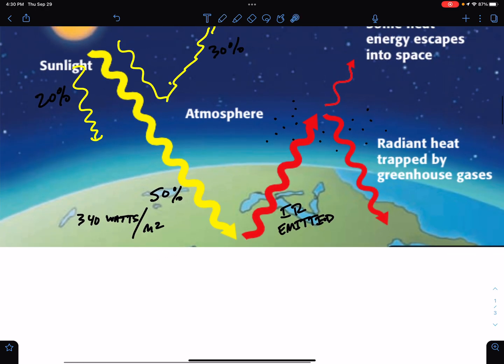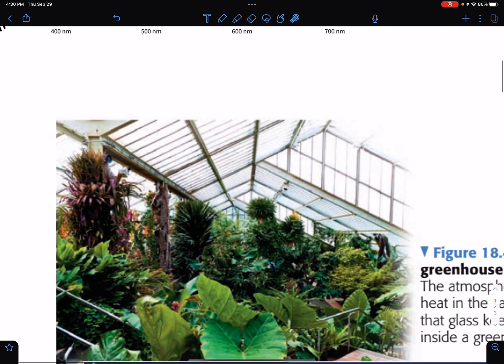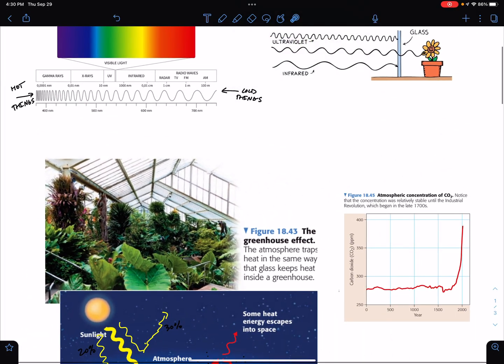Okay, so the Earth is absorbing visible light, but it's re-emitting that light as infrared. So let's talk about a greenhouse. A greenhouse works because it is transparent to visible light. Visible light can come through the walls of the glass, and that visible light is absorbed by the plants in the greenhouse, and that energy is going to be re-emitted as heat energy, because the plants and the Earth in the greenhouse are not very, very hot.